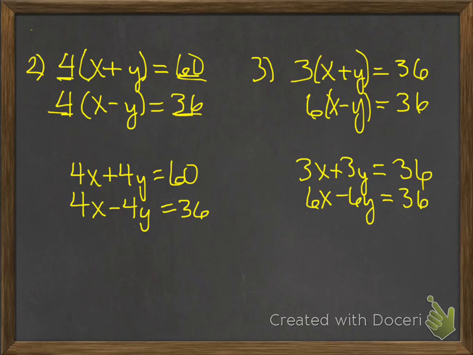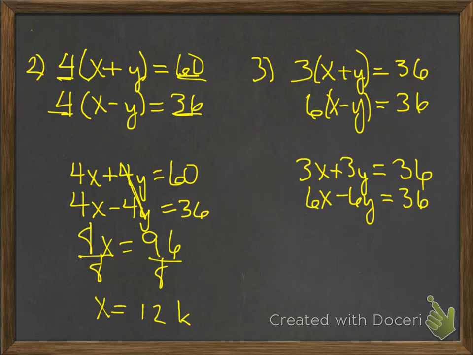What I would do here, well, this one is fairly easy. Like these, the y's can eliminate, and I would get 8x is equal to 96, and then divide by 8, and x is equal to what, 12, and this is kilometers, so this is kph, kilometers per hour.